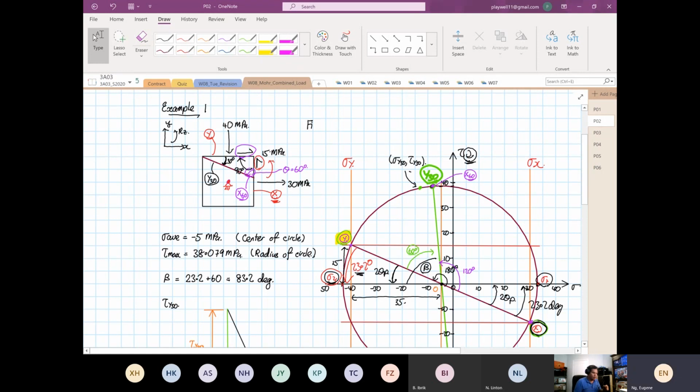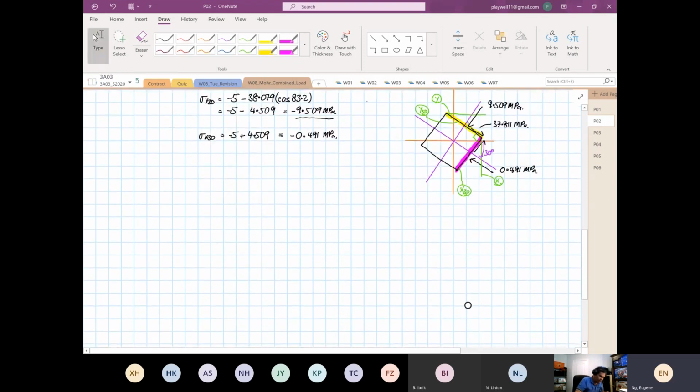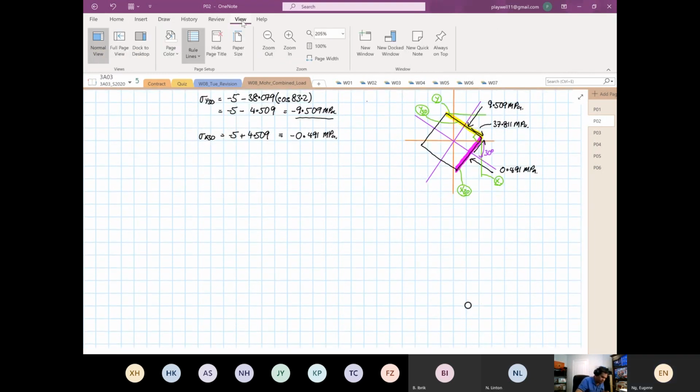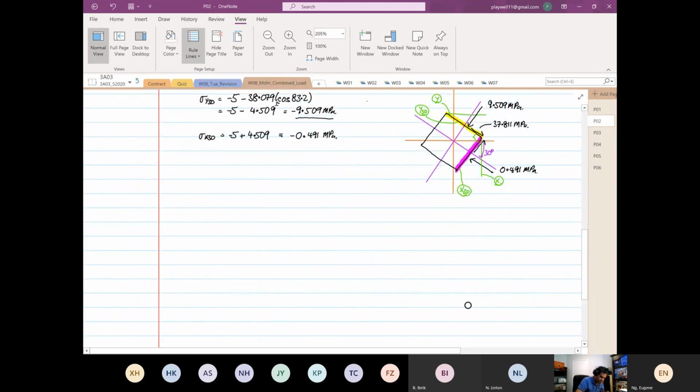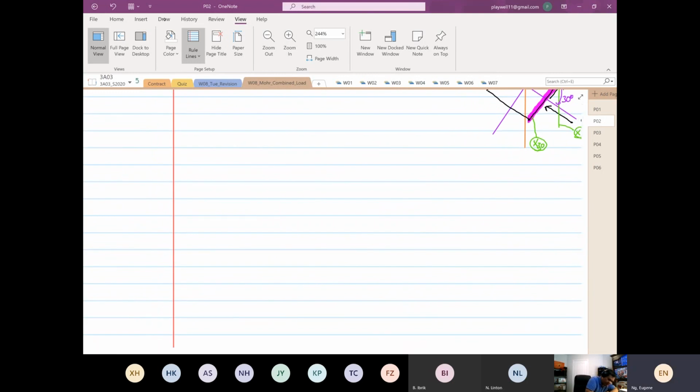So now all of you are capable of going from element to Mohr circle, and then from Mohr circle back to the element. Now there's another term that I'd like to elaborate on, which is in plane. You guys will see quite a lot of this.